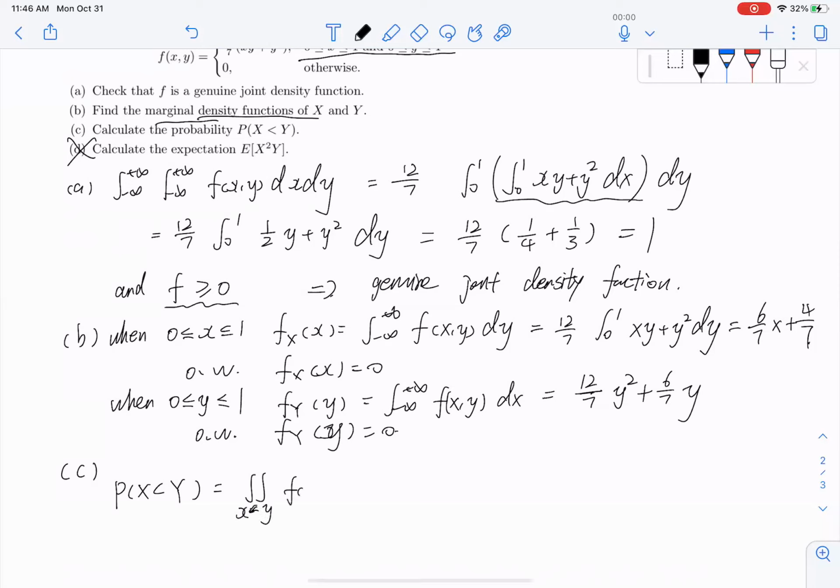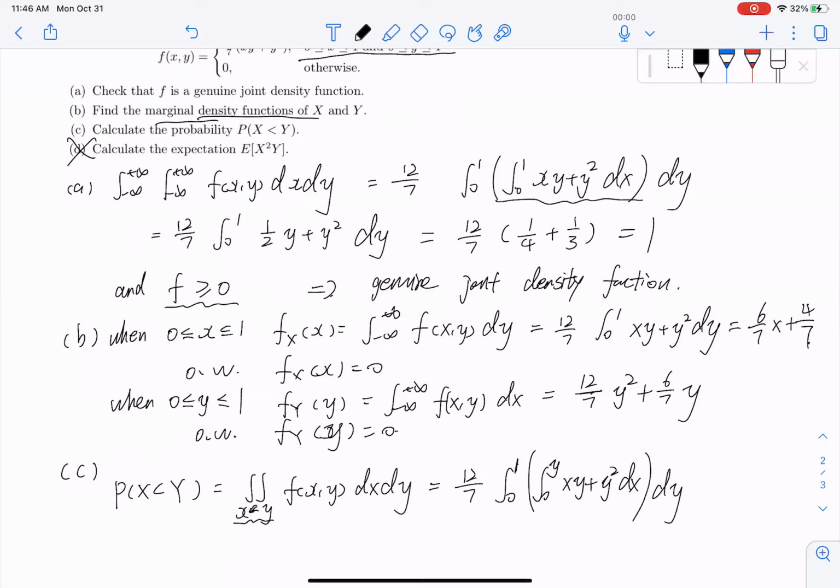But this is just the idea, the definition, and to further accomplish it, we have this. First we fix y from 0 to 1, because otherwise the density function will be 0. Once we fix y, since our area is x less than y, if we integrate x, it should be from 0 to y of xy plus y squared.